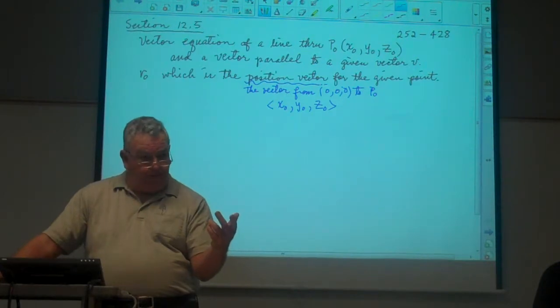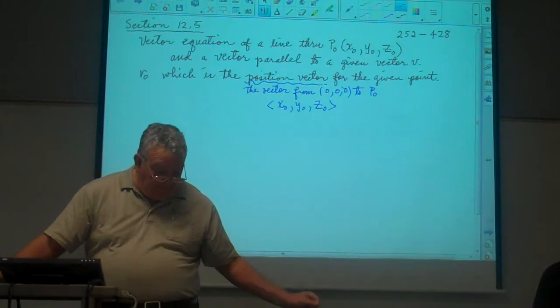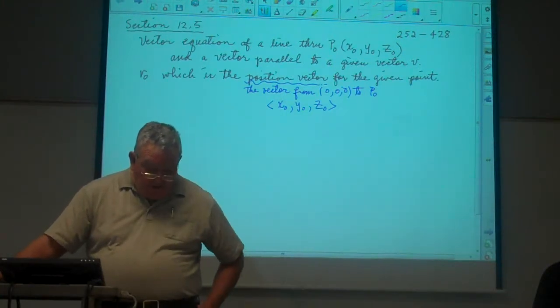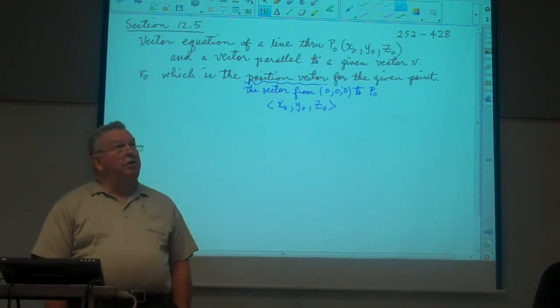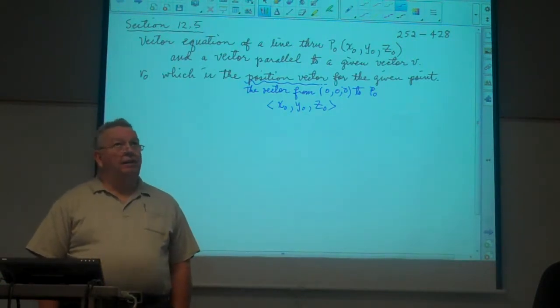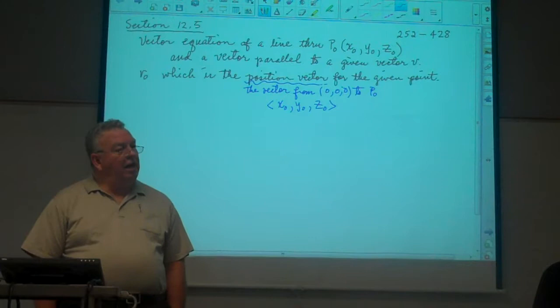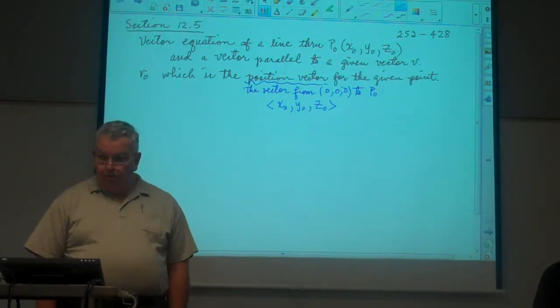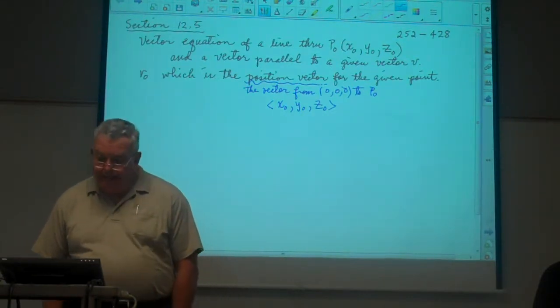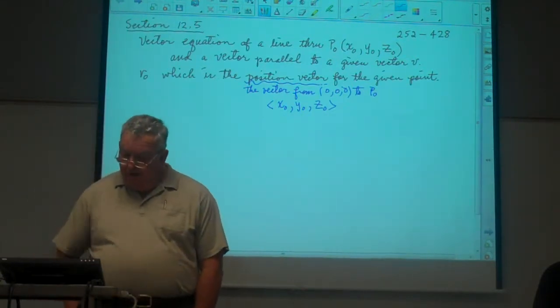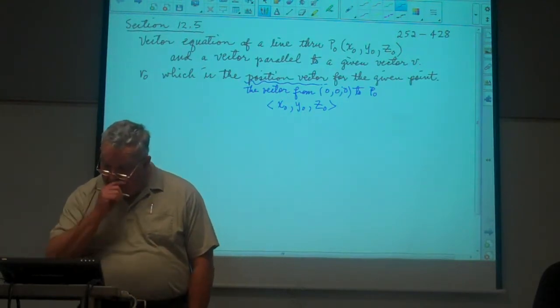That's why they call it the position vector. So now I've got a position vector for the point, and a vector for the line that it's parallel to, and I want to make an equation of a line that goes through it.